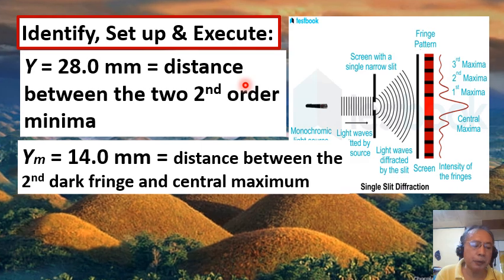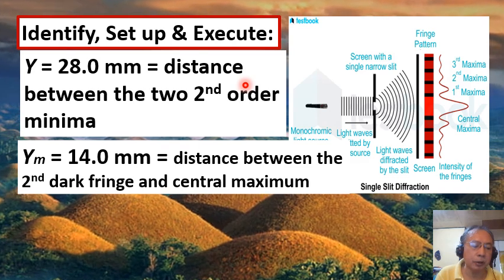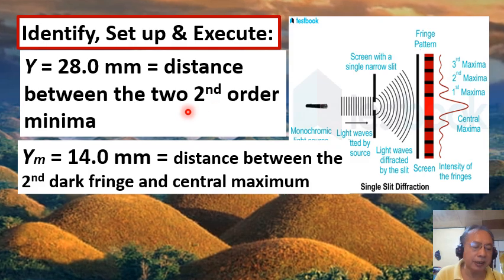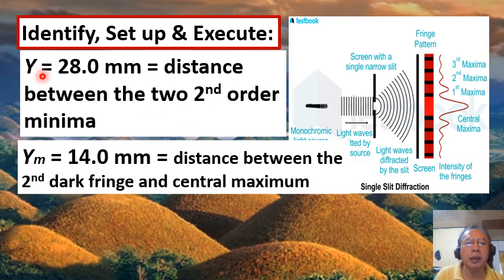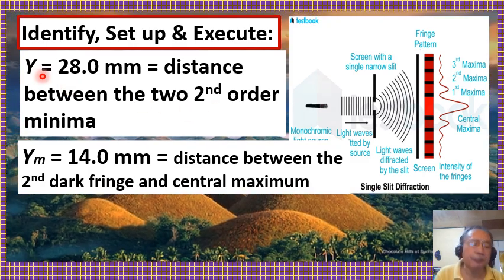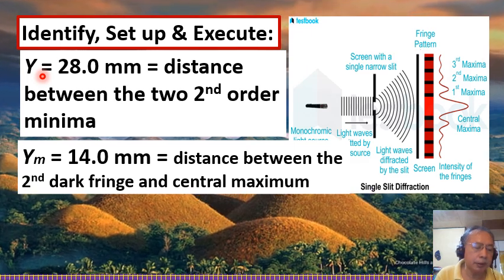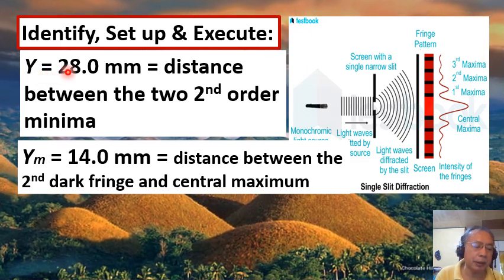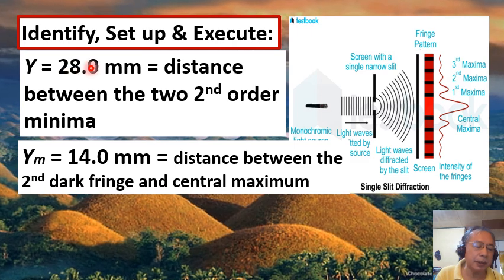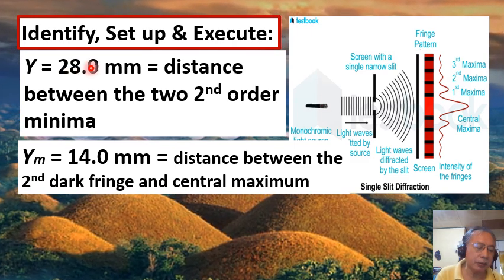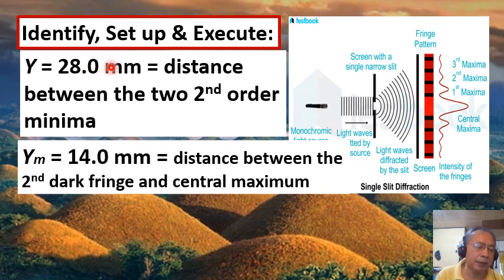On the screen, a few meters away from the slit, you observe the diffraction pattern. And the distance denoted by letter Y represents the distance between the centers of the second minima, or dark fringes, on either side of the central bright fringe.